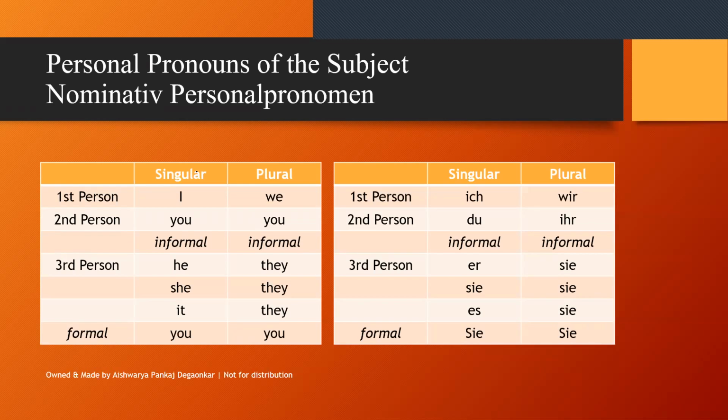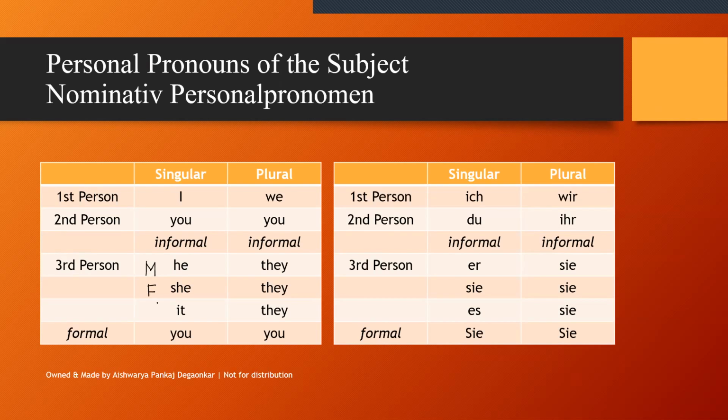Now, in the third person, we have three separate genders, that is masculine, feminine, and neutral. Now, what happens in English, for example, is that any living being that is not a human also takes the gender form it.